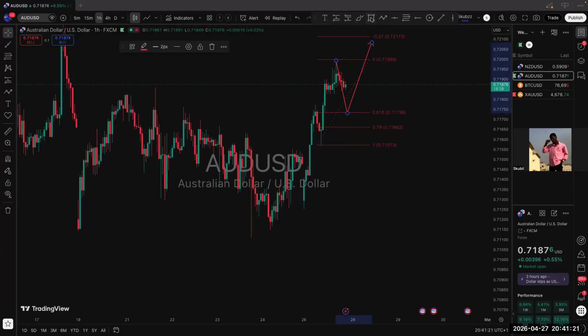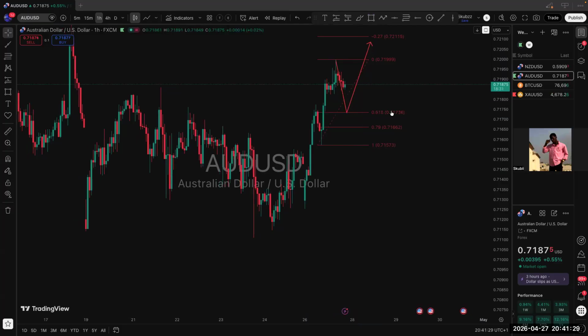And coincidentally, that 0.618 level is around that whole resistance turned support there. So this zone is very strong and it's somewhere that we can look to actually buy from. So that's what I'm going to be looking out for on AED/USD. We have an uptrend and I'm going to be looking to use Fibonacci to buy from that point.